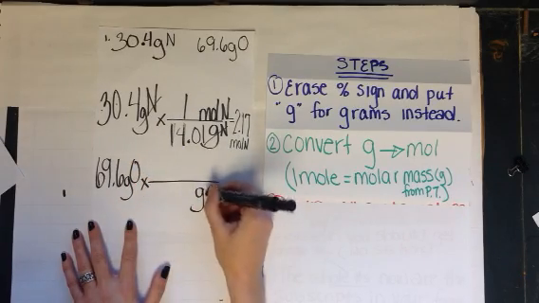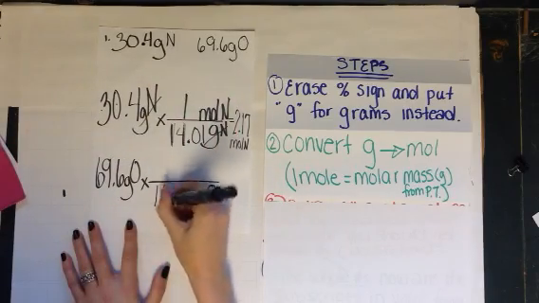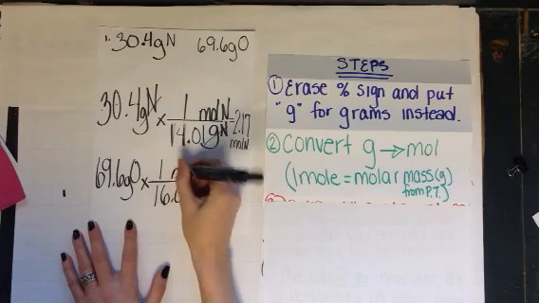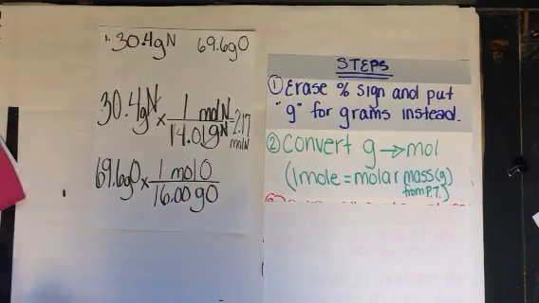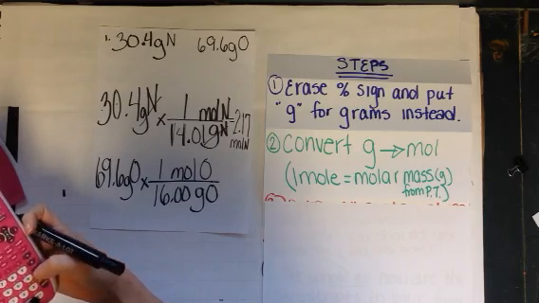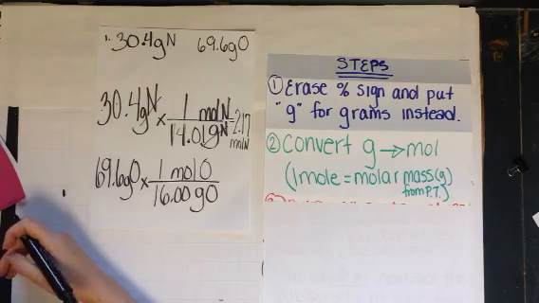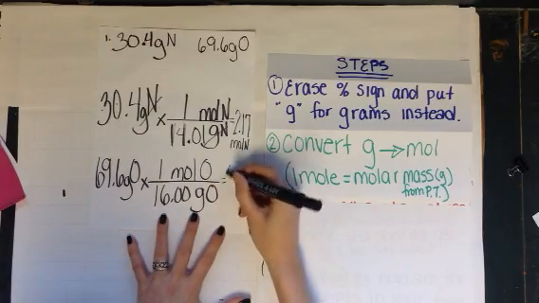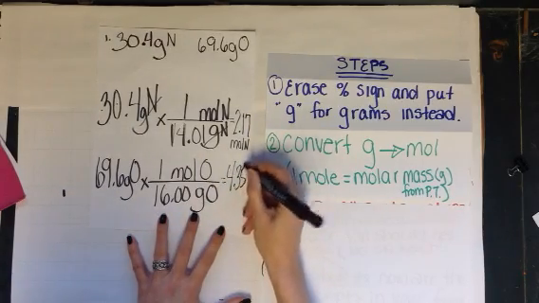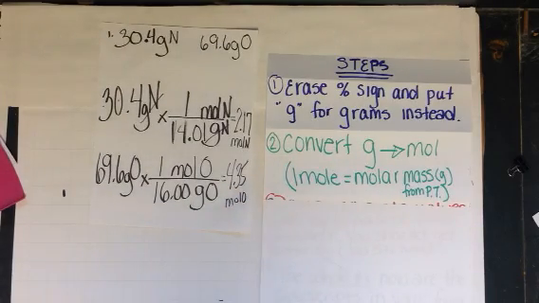Look up oxygen on my periodic table, and I know that that's 16.00 in 1 mole of oxygen. Type this into my calculator, 69.6 divided by 16, and I get 4.35, 3 sig figs, 4.35 moles of oxygen. So far I've done step 2.